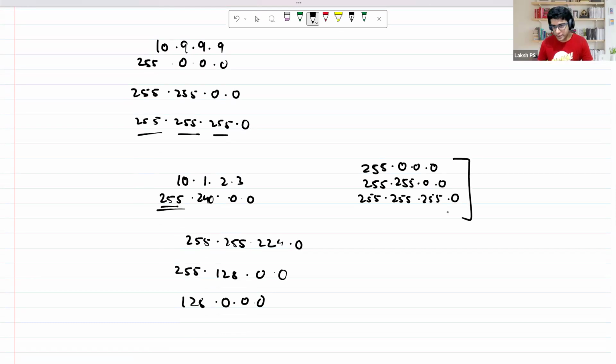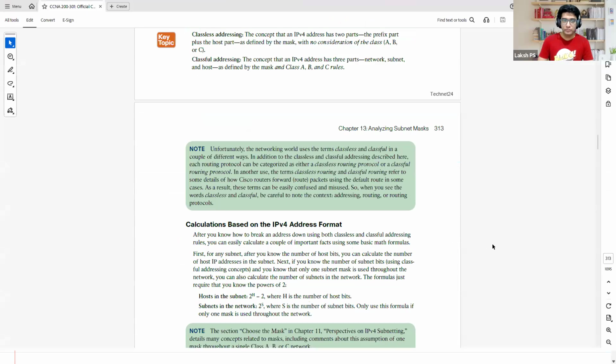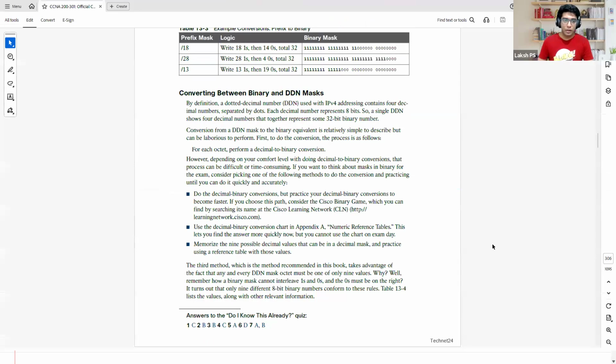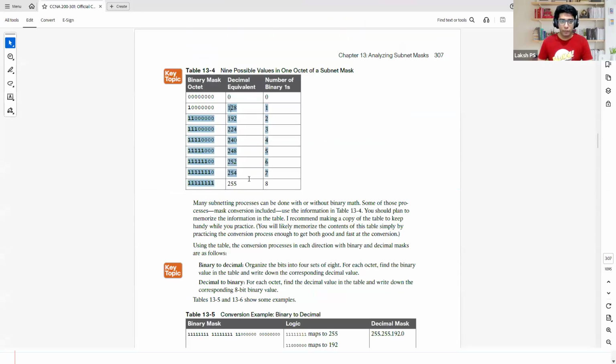We may not see such masks in real time also. We may see some other numbers other than 255. And what are those numbers? We also discussed that. Those numbers were 128, 192, 224, 240, etc. And we will see only these numbers in the address mask. No other values we will see.